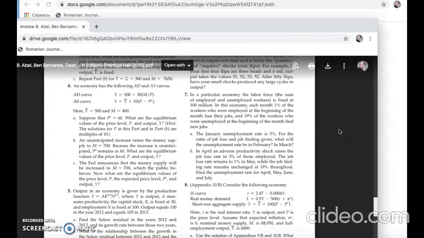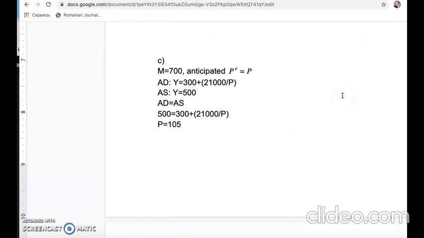So part C, the Fed announces that the money supply will be increased to 700, which the public believes. Now, what are the equilibrium values of the price level, the expected price level, and output? To calculate it, we should mention that when money supply is 700, according to the problem, this is the anticipated case.